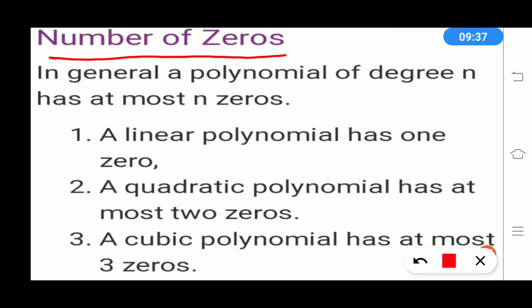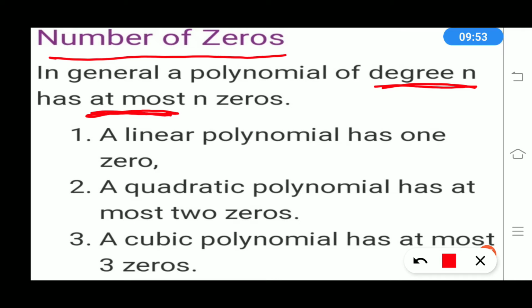Now, number of zeros of a polynomial. In general, a polynomial of degree n has at most n zeros. Underline at most. At most means maximum n zeros.